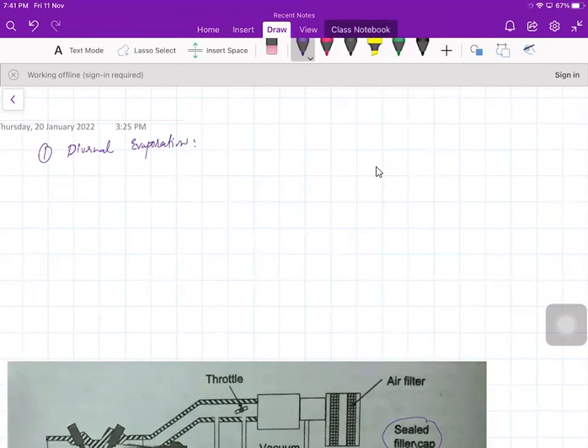Diurnal evaporation means, if you take a vehicle in summer, in the afternoon where you achieve the peak temperature, the whole body of the vehicle is exposed to the atmospheric temperature.